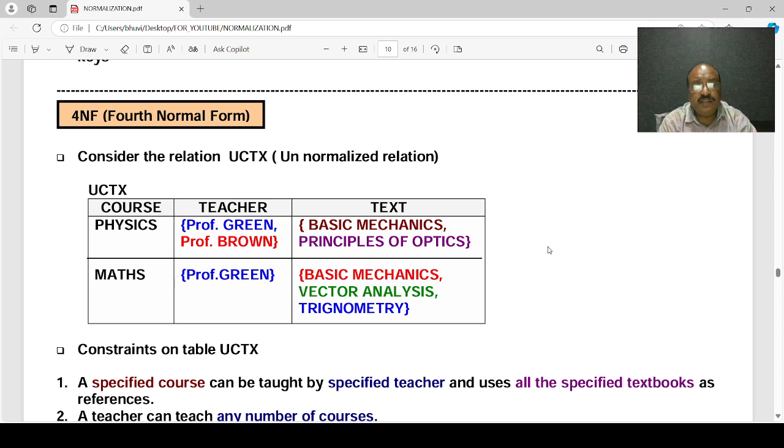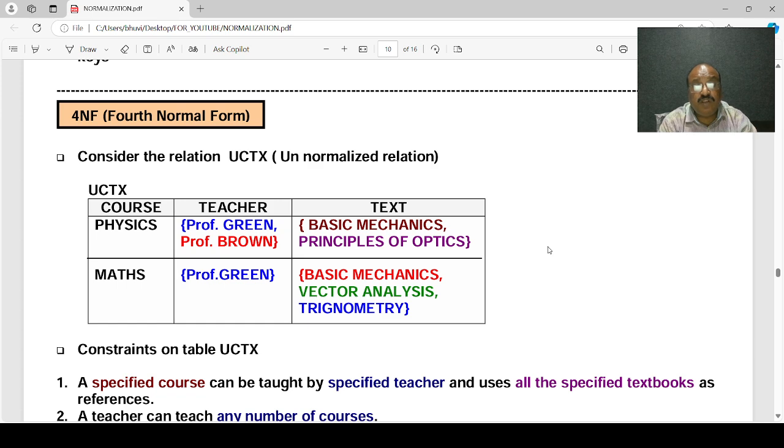The second constraint is that a professor teaching one course may teach another course also. Here, Professor Green is teaching both physics as well as mathematics.